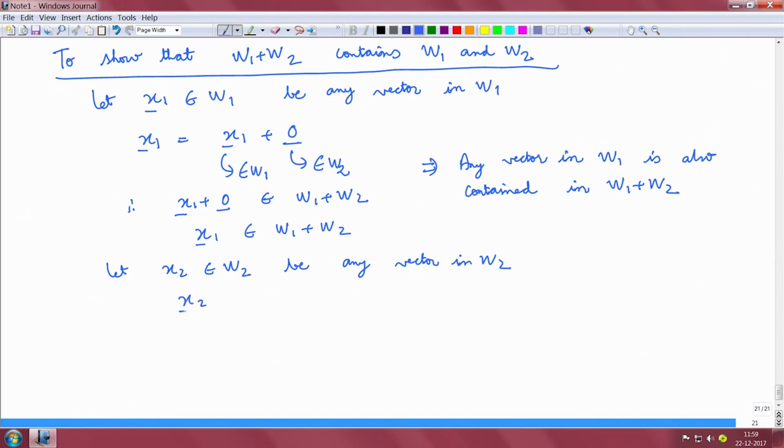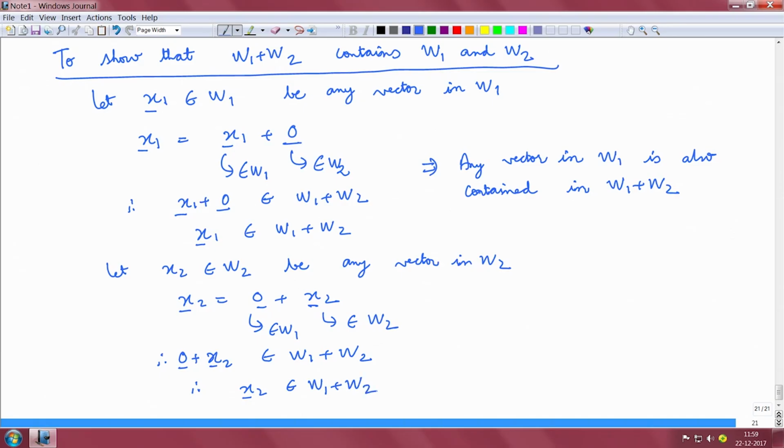This x2 can be written as 0 plus x2. This 0 vector belongs to W1 and x2 belongs to W2. So, therefore, 0 plus x2 belongs to W1 plus W2. Therefore, x2 also belongs to the subspace W1 plus W2.